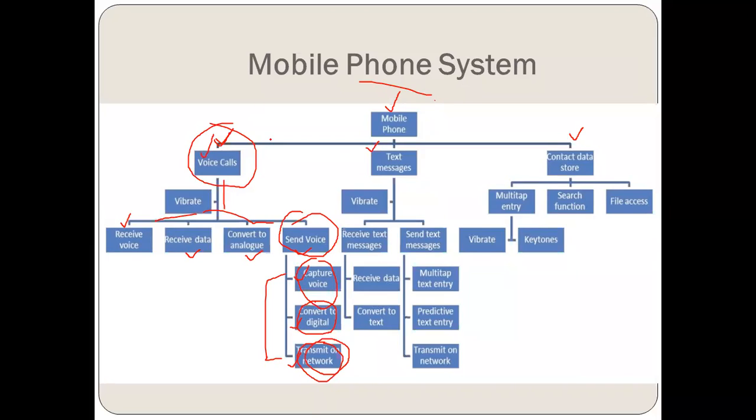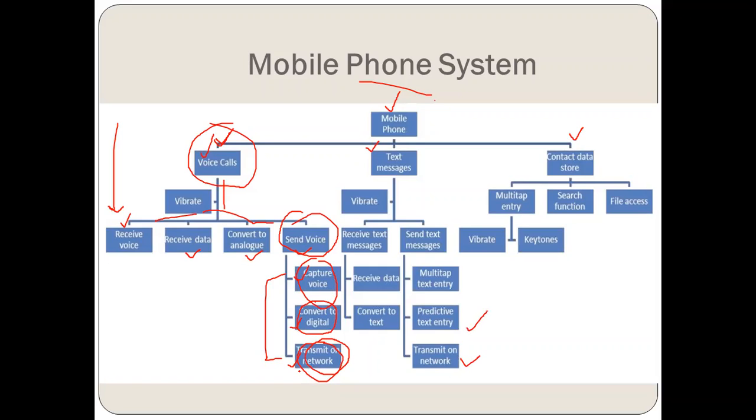So this is what we are going to do: we are going to decompose, or we are going to use the top-down approach. You can see this top-down approach is very easy for cases where I cannot think of these particular details in the starting.